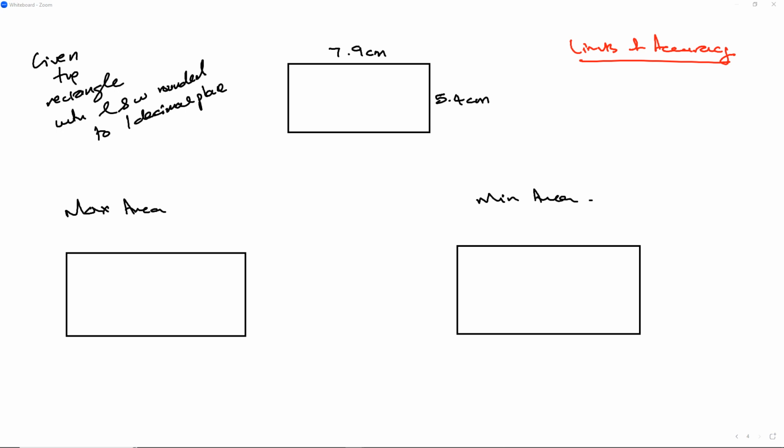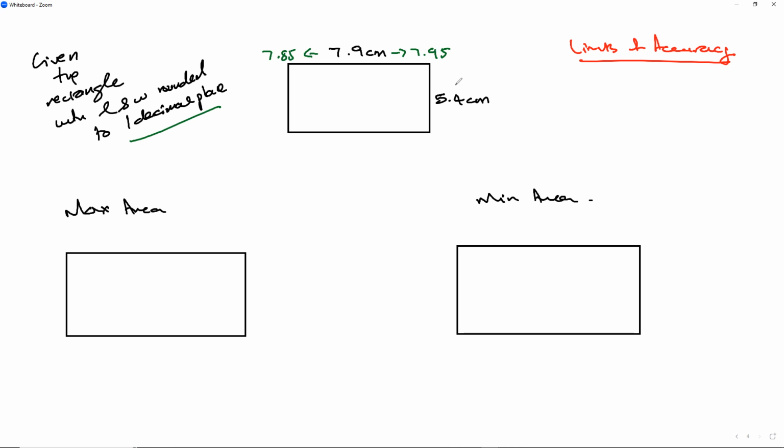All right, so the first thing we need to do is identify what our upper bounds and lower bounds are for these. Looking at the first one over here, you can see that because we're rounding to one decimal place, we know that this can go as high as 7.95 and it can go as low as 7.85.